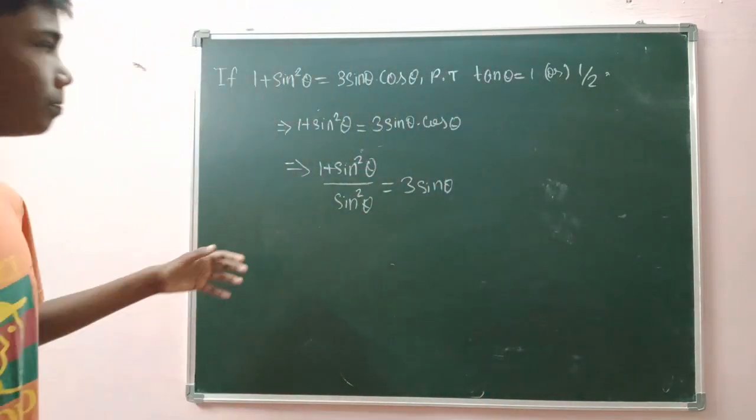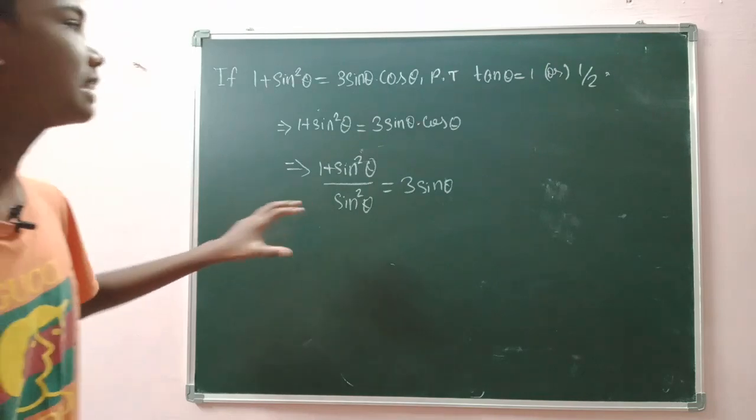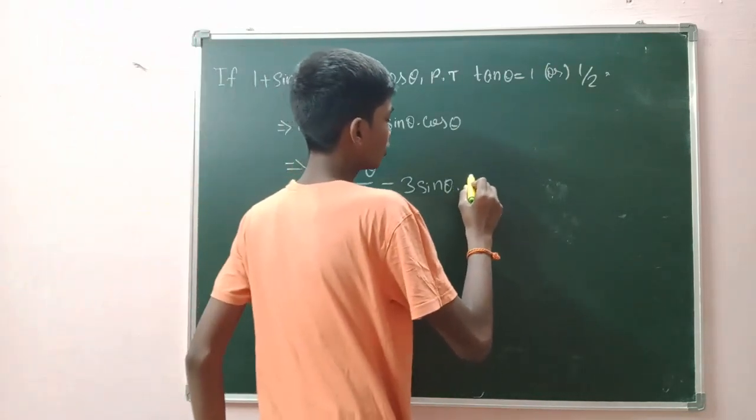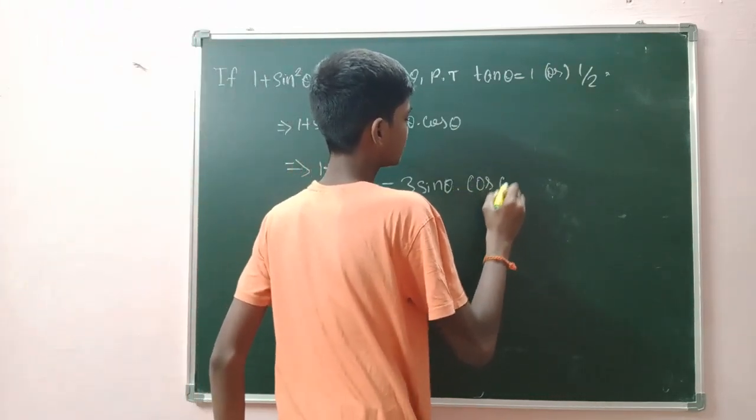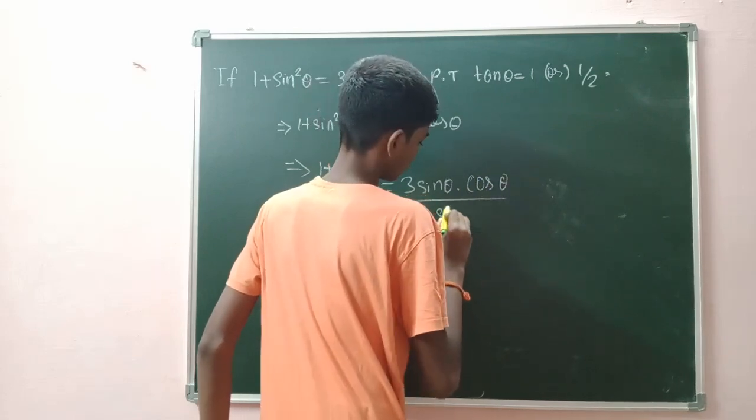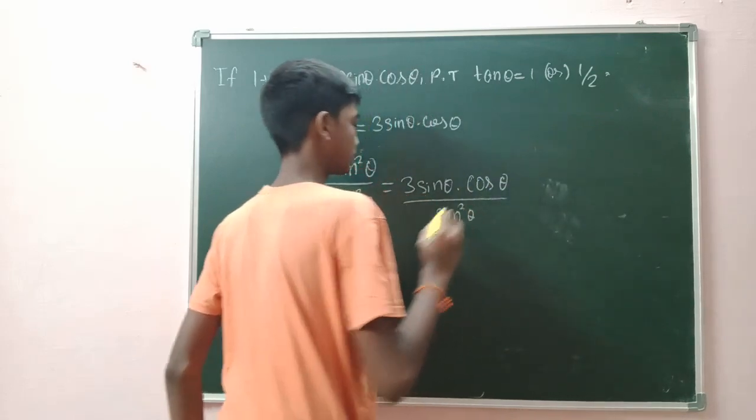So now, when I divide by sin square theta on both LHS and RHS, I'll get it like this. Correct or not?